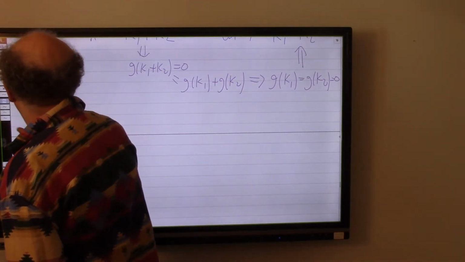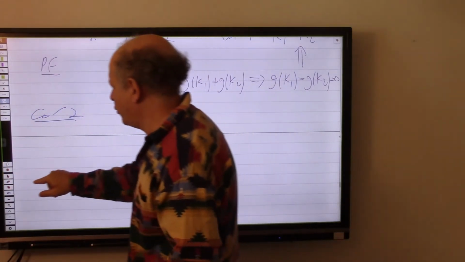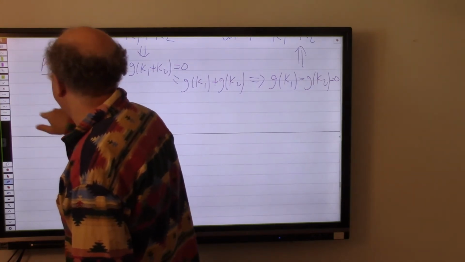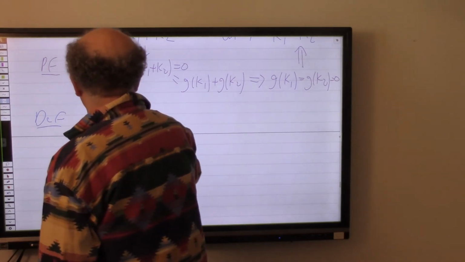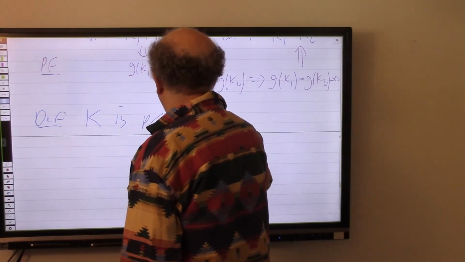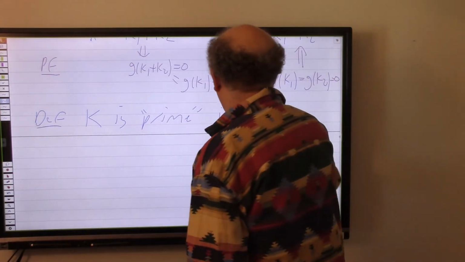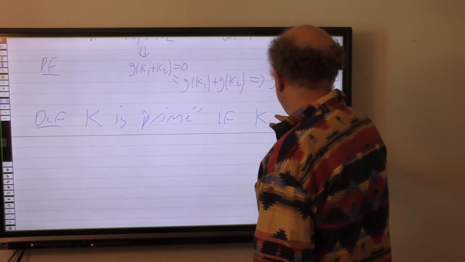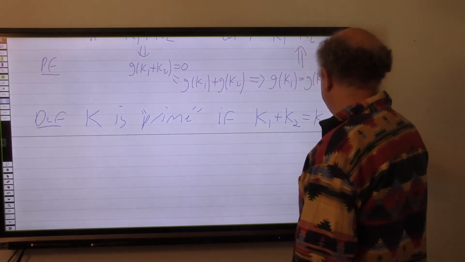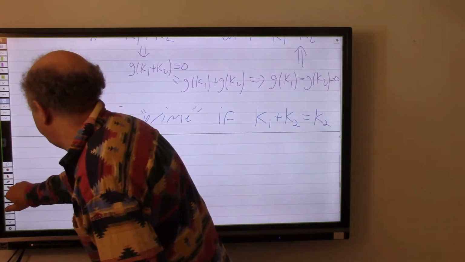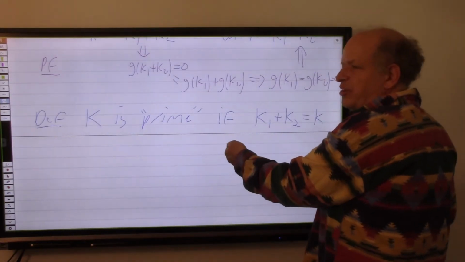Corollary 2. Maybe before that, I think I stated it, but let me nevertheless state it again. Definition: a knot K is prime if whenever you write K as the sum of two knots, one of them must be trivial.